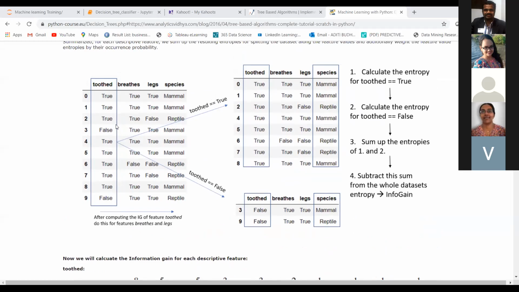First, like we have seen, if we decide to split our data first based on this parameter, we have two outputs over here, true and false, correct? In this data set, we have either true or false.